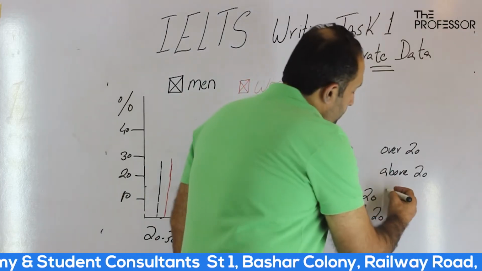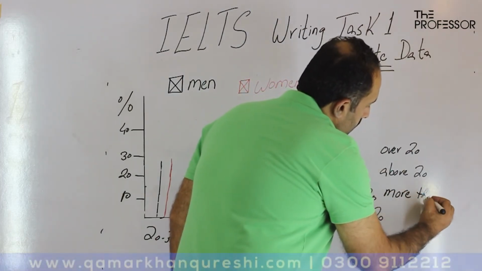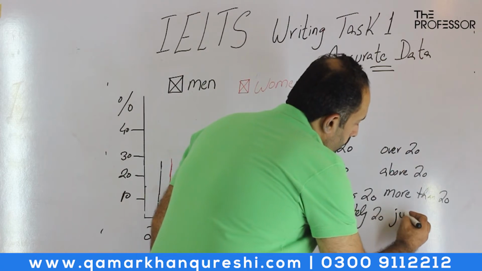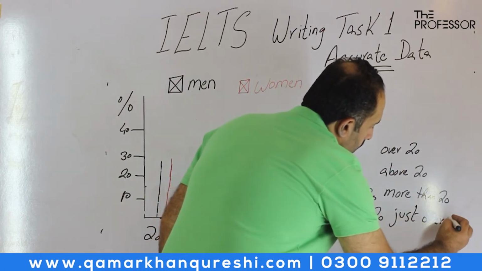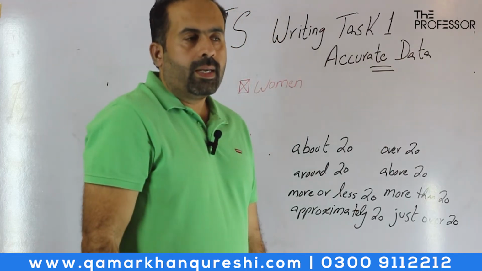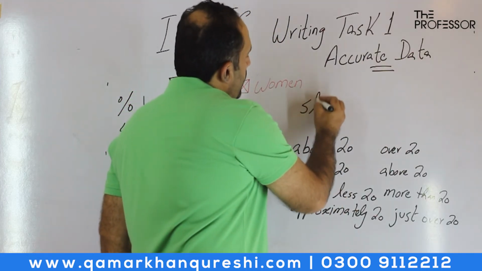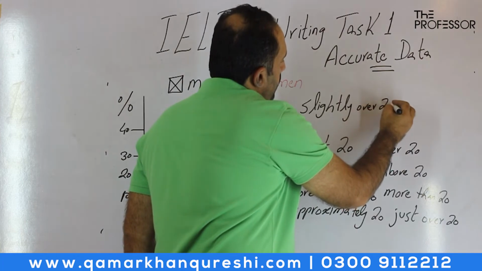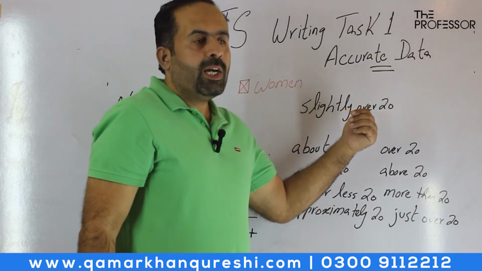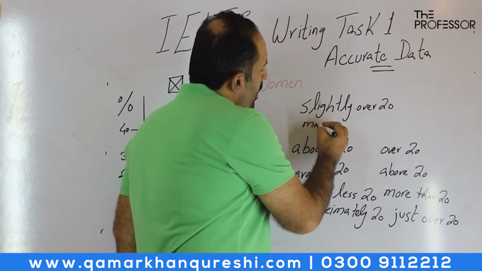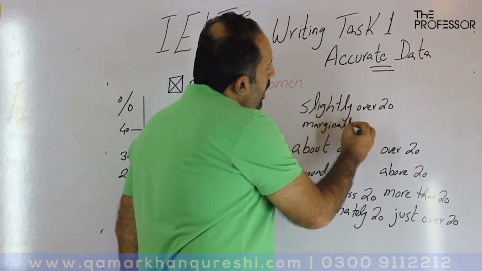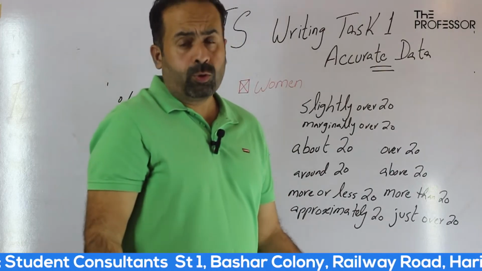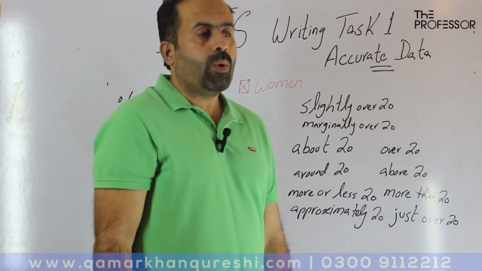Right? Again, we can say, in addition to this, over 20, above 20, more than 20, just over 20. Slightly over 20. Marginally over 20, or you can also say marginally above 20.